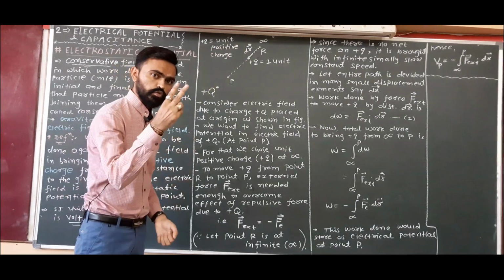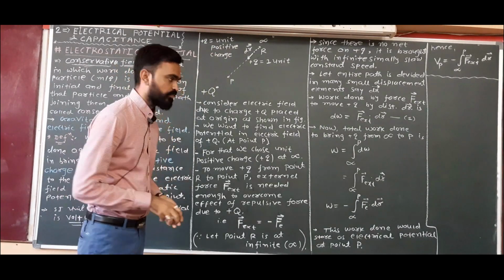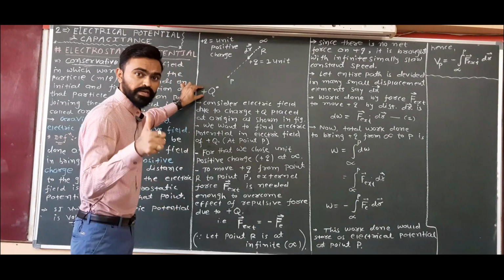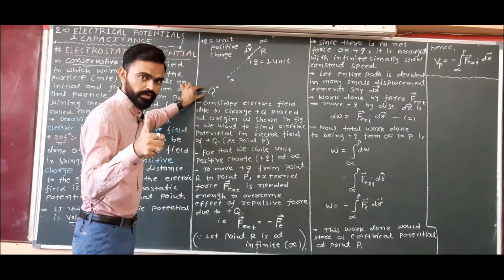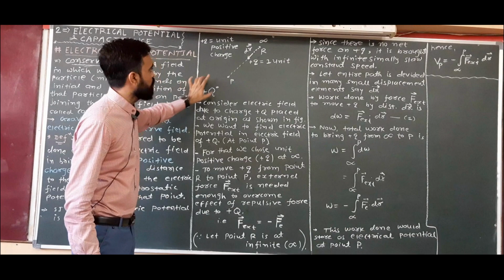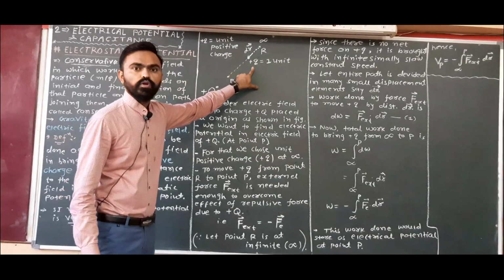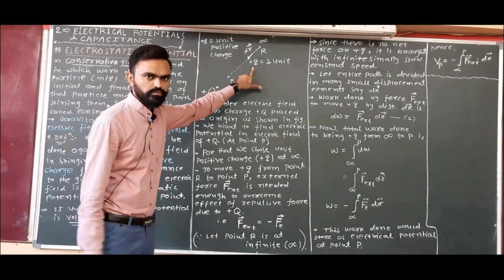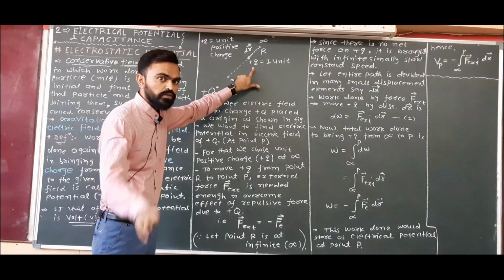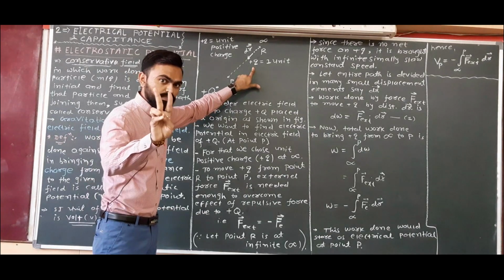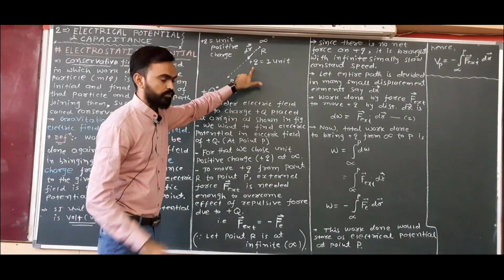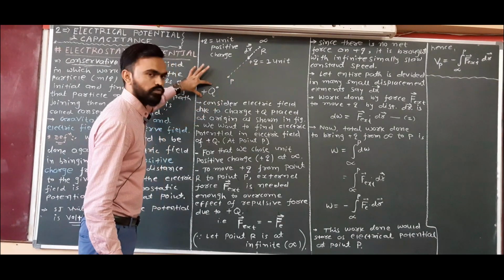We'll go with two charges. How many? Two charges. First, capital positive Q, plus Q. Right. And the other small q, which is again positive. That means I will go with a pair of charges which are positive, right? Okay. I fix this Q over here.